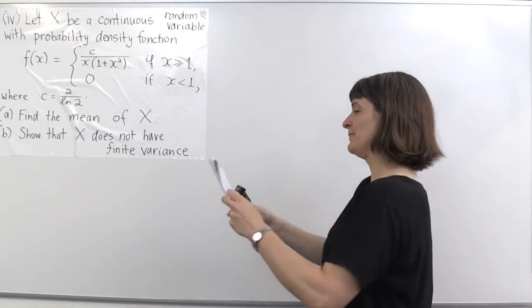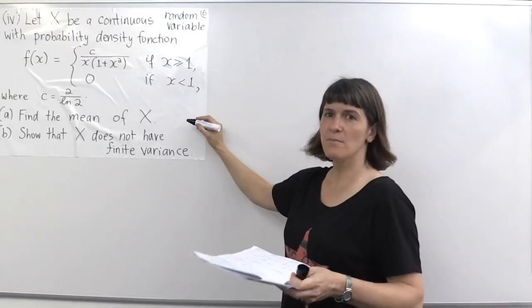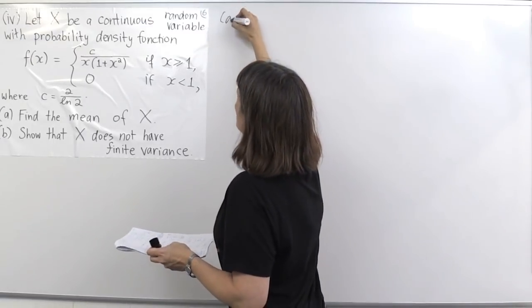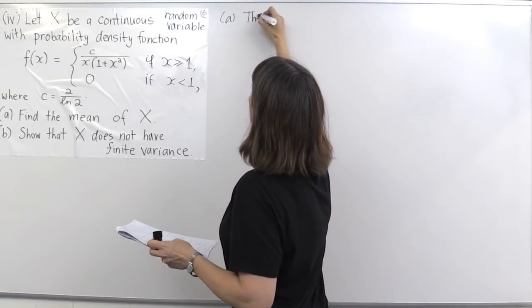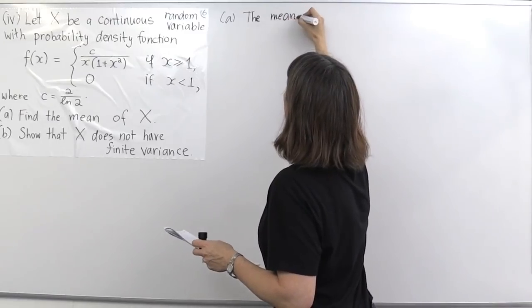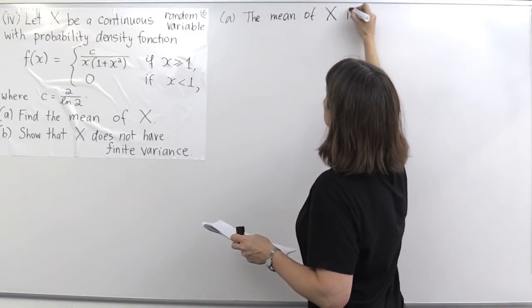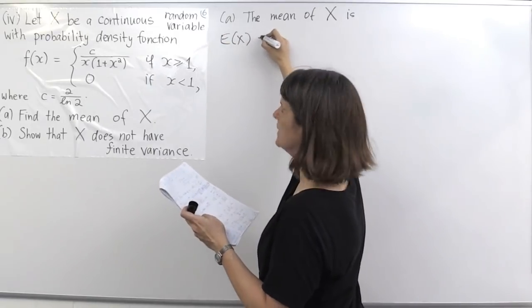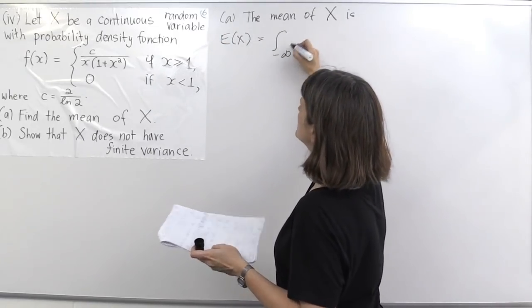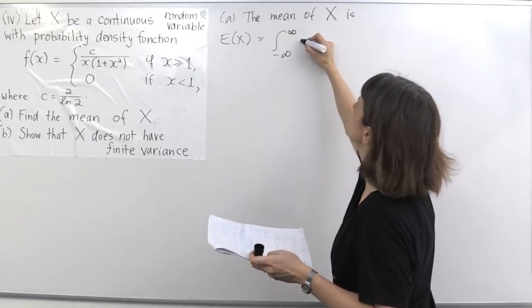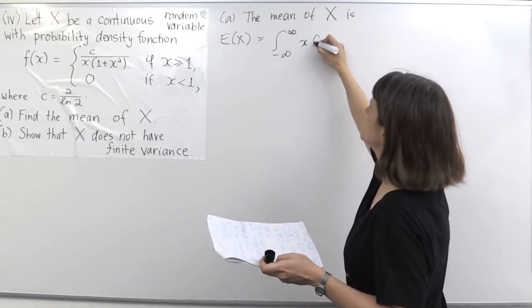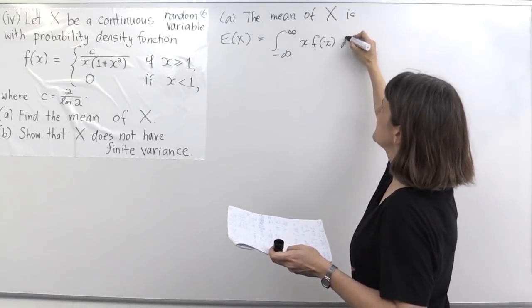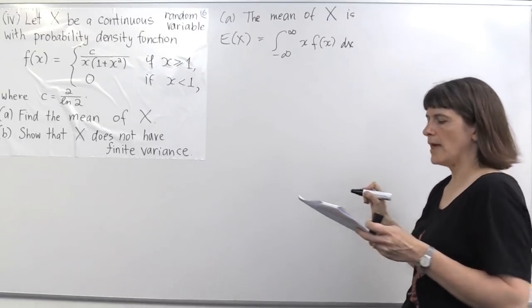I just trust them. All right, but we do want to find the mean of x. And we know how to do that. So the mean of this random variable x is called E of x, and it's the integral from, this is the general formula, minus infinity to infinity of the value x times the density at x with respect to x, okay?